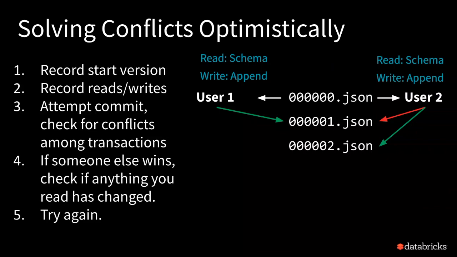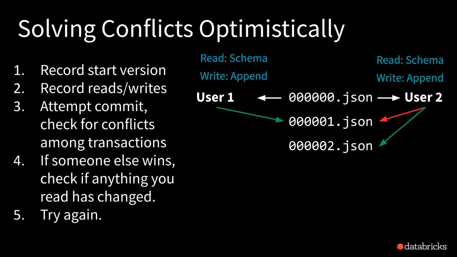Whenever two transactions are occurring at the same time, Delta uses what's called optimistic concurrency to determine whether or not these two transactions can go through together or if one needs to be canceled. There are a few different types of concurrency styles. Optimistic concurrency assumes that most transactions will not conflict and that it's always okay to retry your operation.